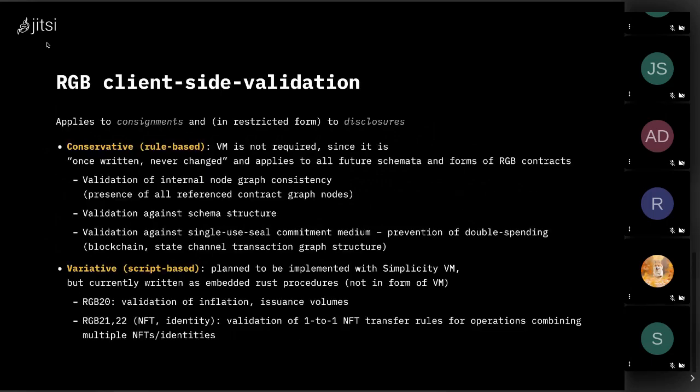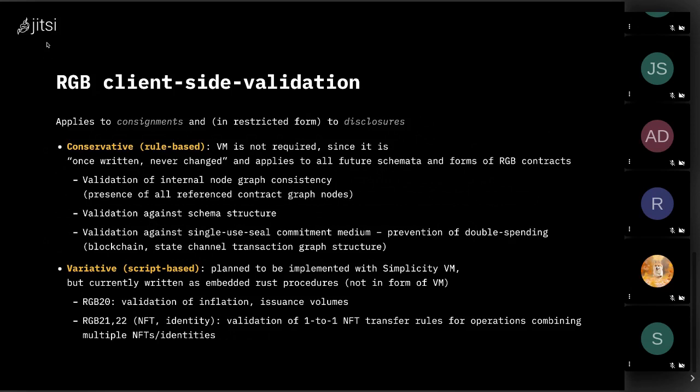So with RGB client-side validation, we have two types of validation procedures. First of all, before distinguishing these types, I have to say that RGB client-side validation applies to structures such as consignments, and in some restricted form to disclosures. It doesn't apply to stash data.